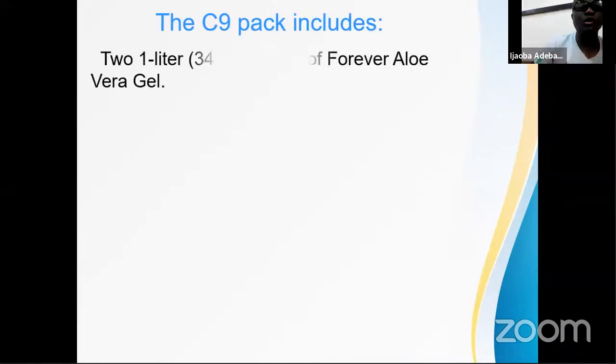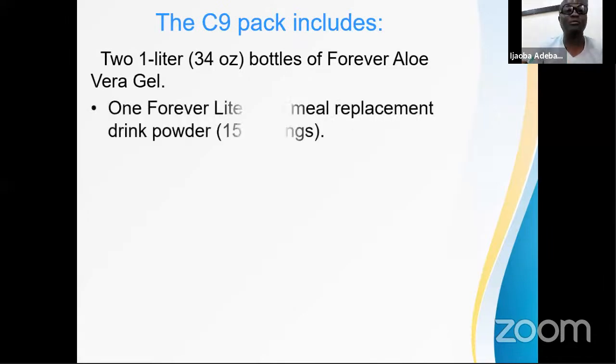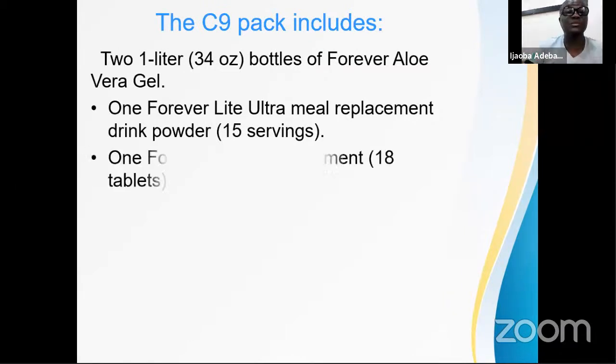C9 pack includes 2 1-liter, that is 2 bottles of Forever Aloe Vera Gel. Number 2, it has 1 Forever Lite Ultra meal replacement drink powder, about 15 servings. That is what we have in that big sachet.